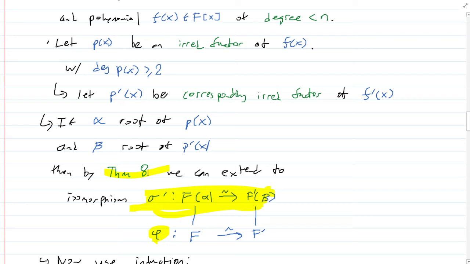So by theorem 8, we have the existence of sigma prime, which is an isomorphism between f adjoin alpha and f prime adjoin beta. So f adjoin a root of this irreducible factor and f prime adjoin a root of this irreducible factor.